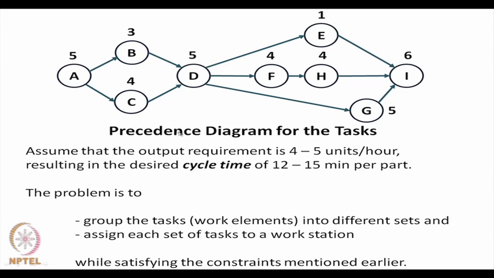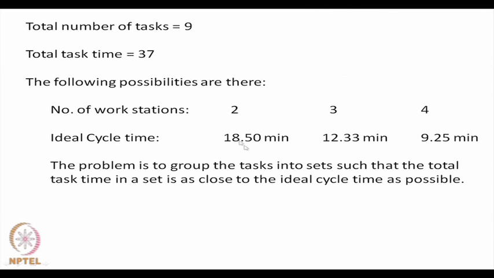We are interested to group these operations or tasks or work elements into different sets and assign each set of tasks to one particular workstation, such that the station time is between this. So, the total number of tasks is 9, total task time is 37.